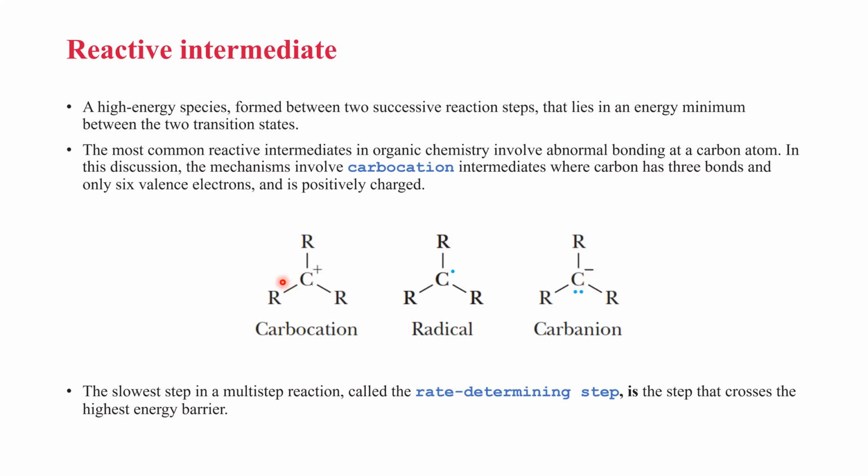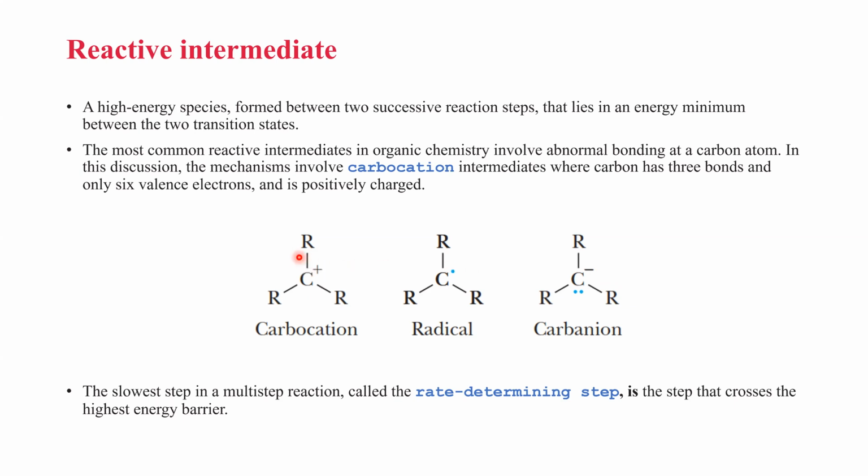So obviously these are abnormal bondings of the carbon. It has to go to normal bonding and complete its octet. That is why these are very reactive species, and they can certainly go to the next step to convert into the product.